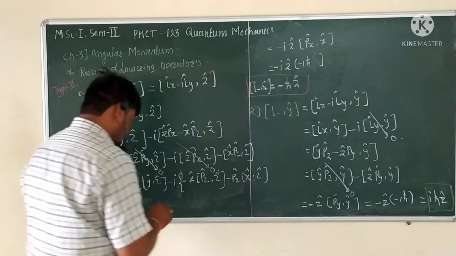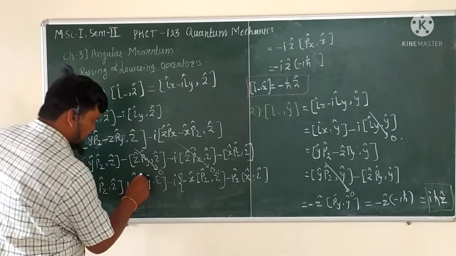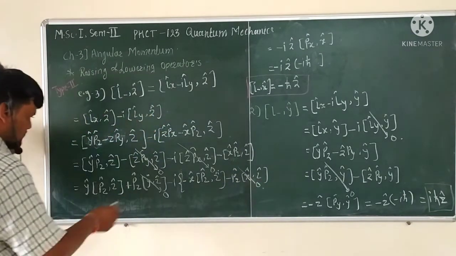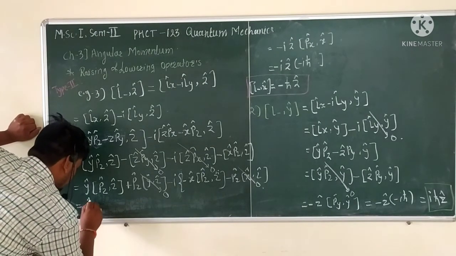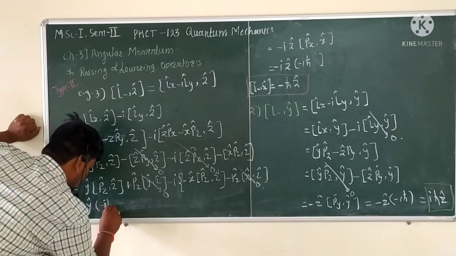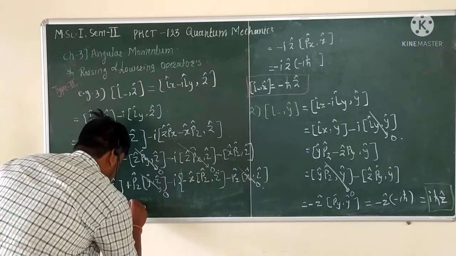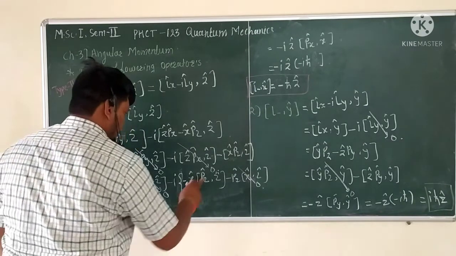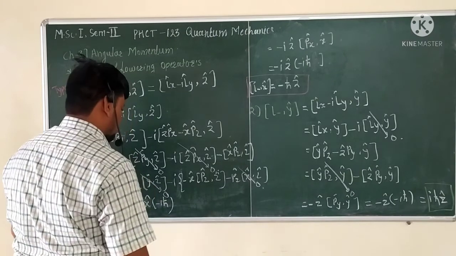Okay, and you know that the result of this bracket is 0, and this bracket result is again 0, and this is nothing but the y cap into minus i h cross, and this result is minus i into minus x cap, and the result of this is minus i h cross.